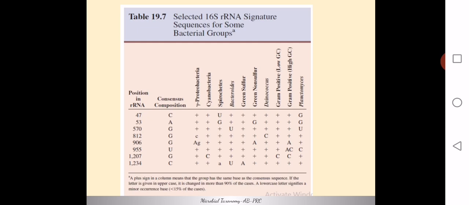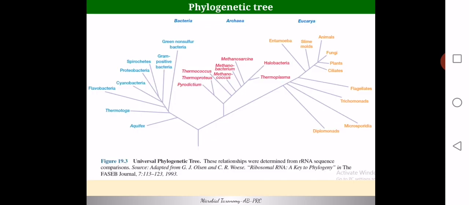Right, that means in gamma proteobacteria the C is there, in cyanobacteria it is C, but in spirochetes it is not C but instead it is U. So in that way you can analyze. So any change in this particular position is determined, and that will affect the calculation of the SAB value. All right. So this is a phylogenetic tree which is constructed by means of phylogenetic analysis, usually by rRNA studies.